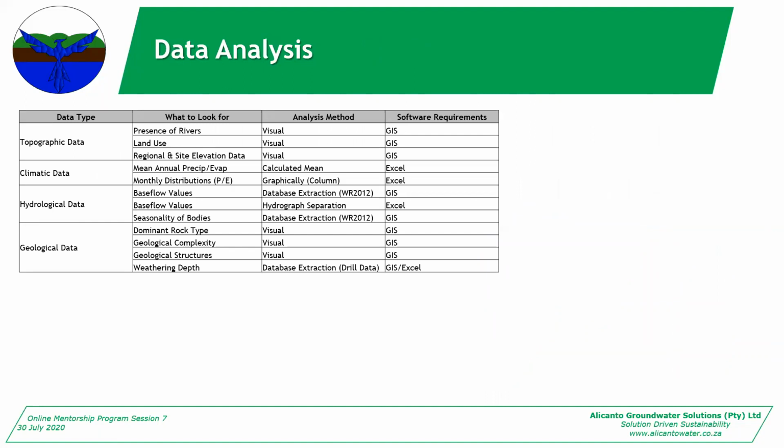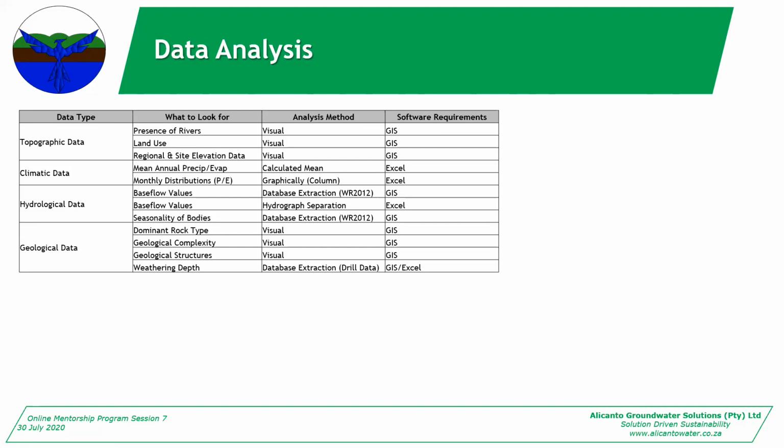Okay, so I just wanted to give you guys a quick overview of the types of data, what we're going to look for, some of the analysis methods, and then your software requirements. So with the topographic data, you're going to look for rivers. Is there a perennial river, a non-perennial river? What's the dominant land use in your site area? Is it mostly agricultural? Is it urban?